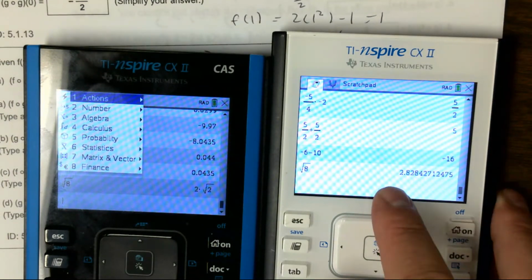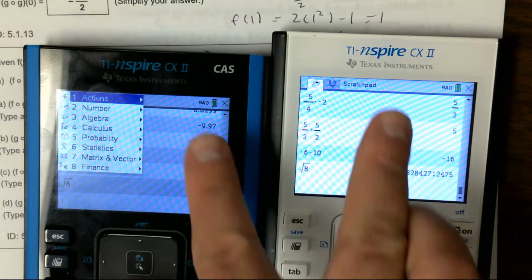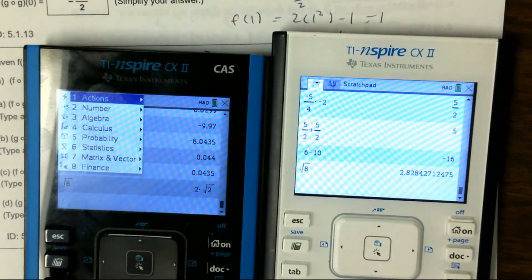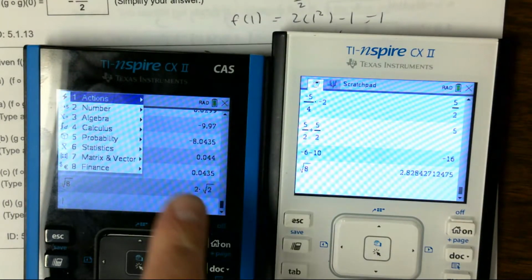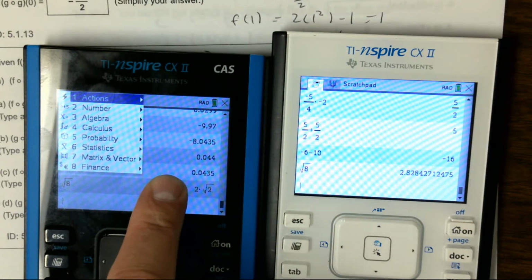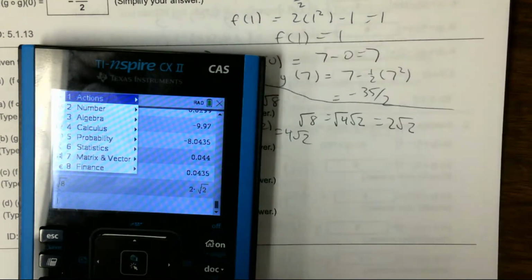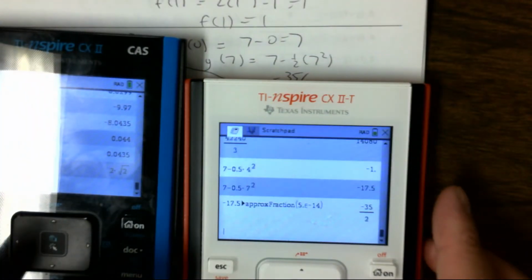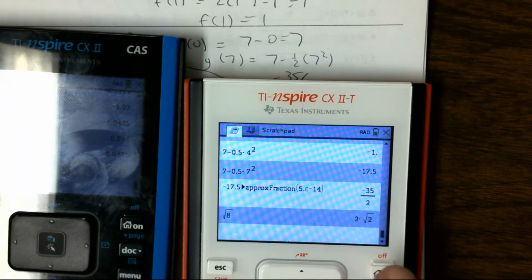It tells me a decimal. So both of them say CX2, but this one has the CAS operating system and it's newer basically. So this is pretty equivalent to the teacher calculator on some things, because mine would also do the same thing. If I did square root of 8, enter, I get 2 square root of 2. Anyway, that's just a little side discussion.